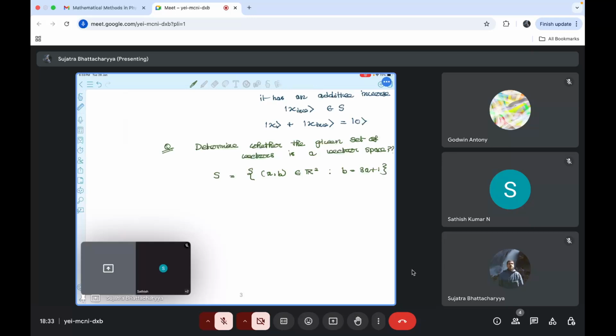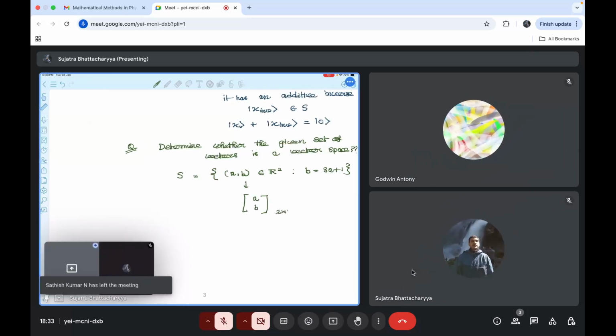So you have two elements. You can write this as A, B, like a matrix kind of a thing. So this will be a 2 by 1, two rows, one column. This is a vector. This is how in linear algebra we define a vector. So this is a 2 by 1 matrix. Remember, in case of vectors, it will always be a kind of column vector.